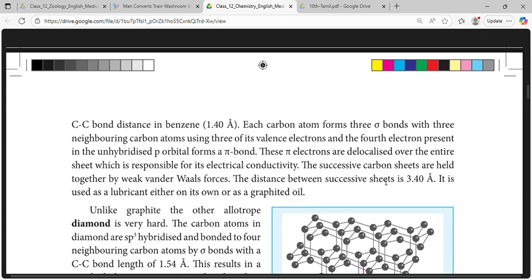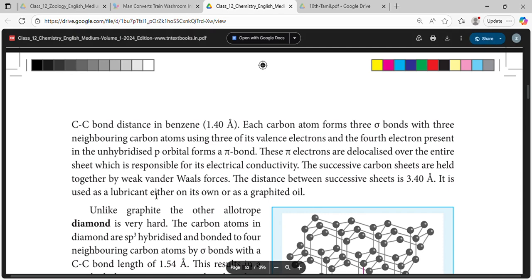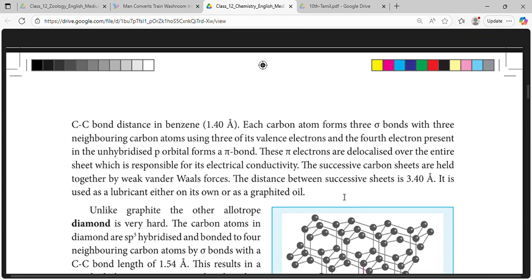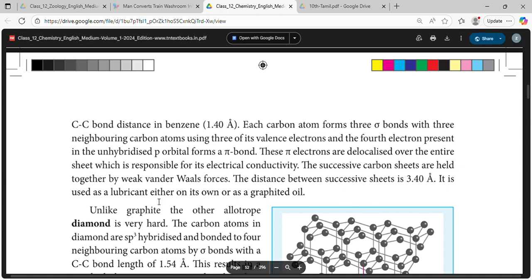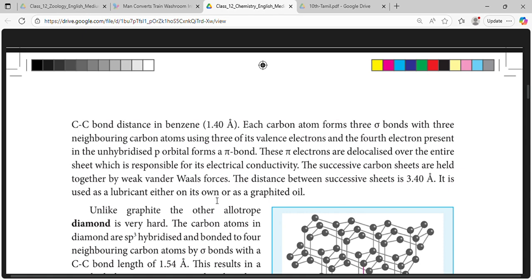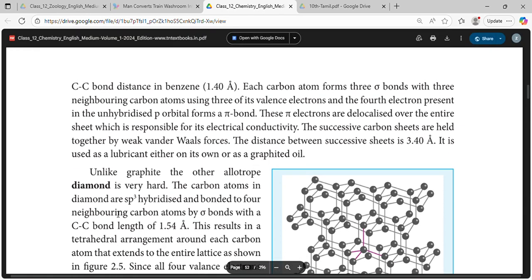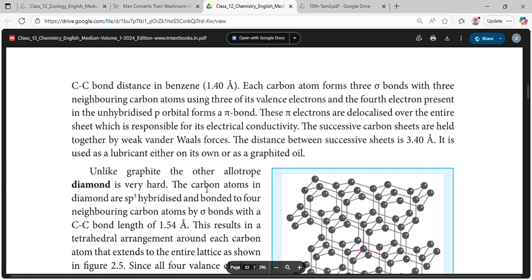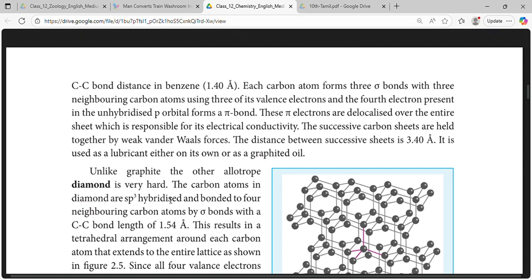The successive carbon sheets are held together by weak van der Waals forces. The distance between successive sheets is 3.40 Å. It is used as a lubricant either on its own or as graphited oil. Unlike graphite, the other allotrope, diamond, is very hard.